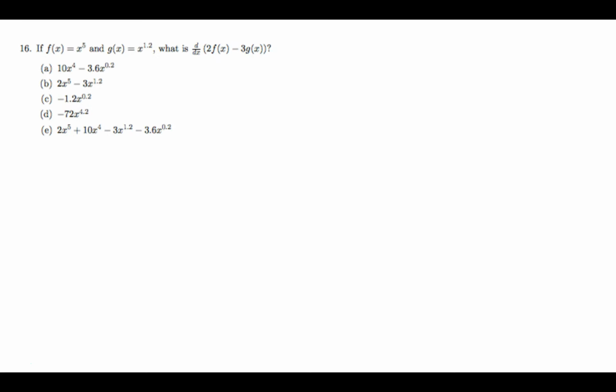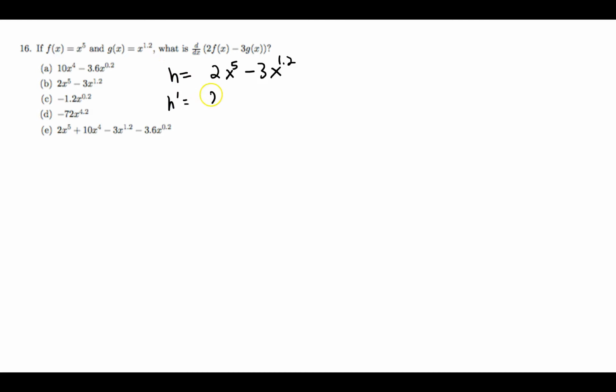Now these are different. These aren't exponential functions. These are power functions. We have x to the fifth and x to the 1.2. And we have to combine them into this formula, 2 times x to the fifth minus 3 times x to the 1.2. Let's just go ahead and plug them in. Consider that your function h, and you want the derivative of that.